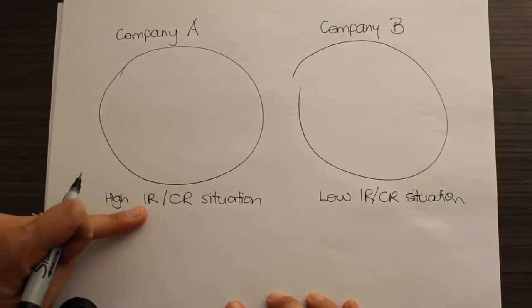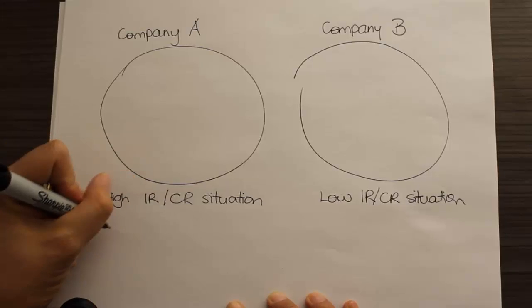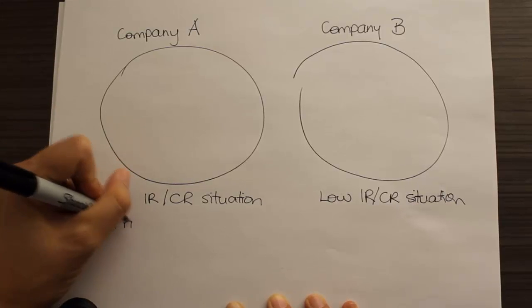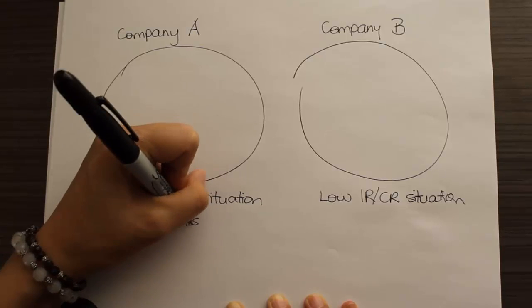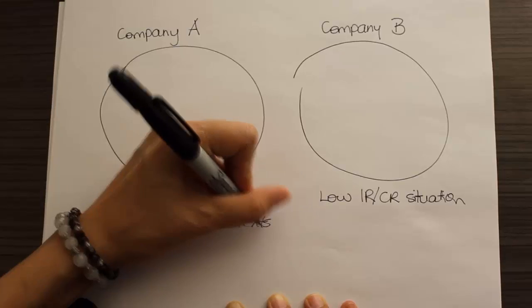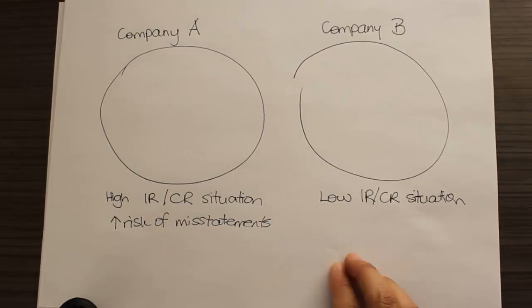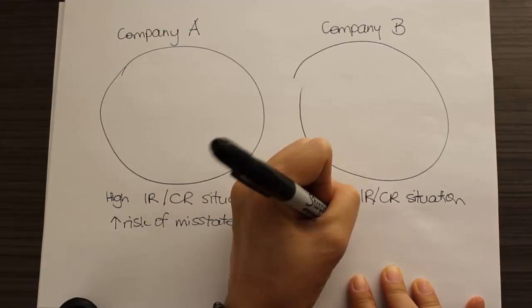So where there is a high level of inherent and or control risk, there is increased risk of misstatements in the financials. Okay, in a low inherent and control risk, there is decreased risk.